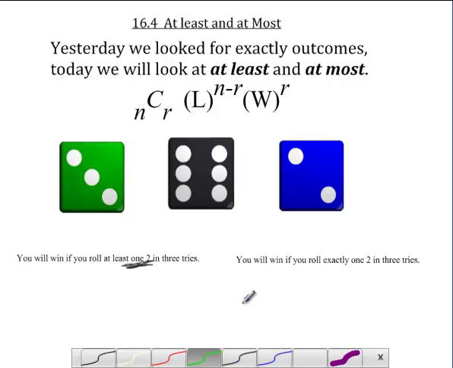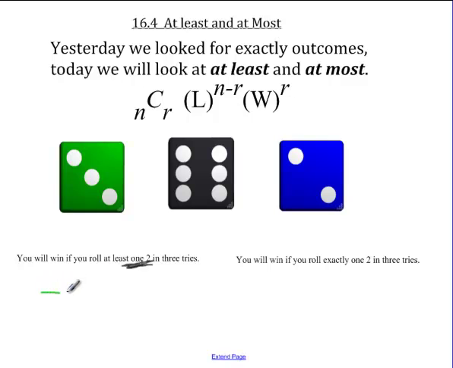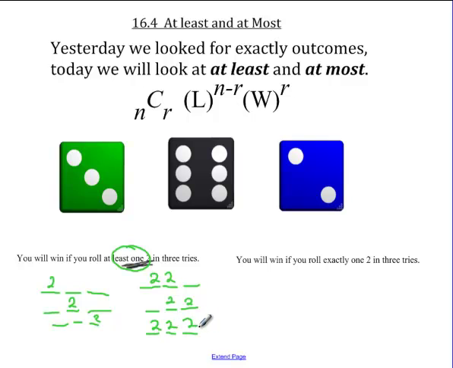So if I think about this, here are my 3 rolls. As long as the 2 shows up here, or here, or here, I win. But it says at least 1. So I could get 2 2s here or here, or I could get the rare case of them all working.